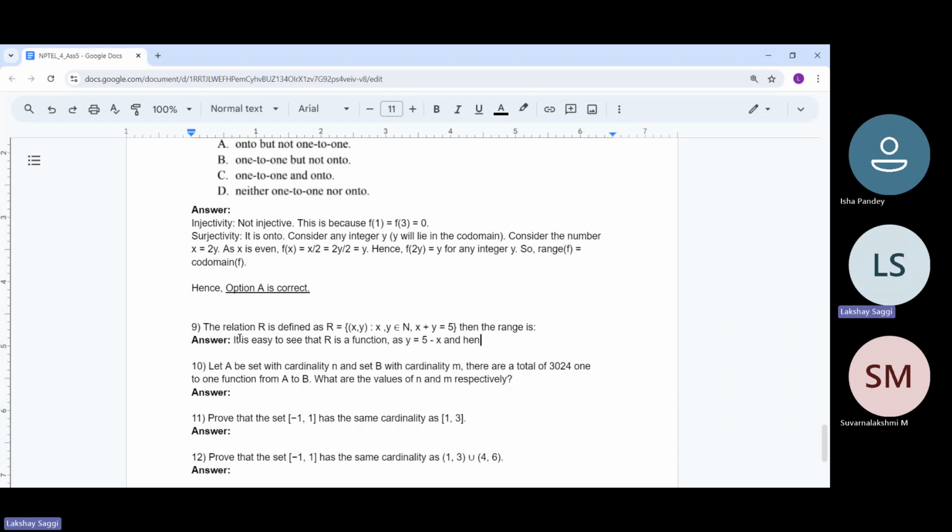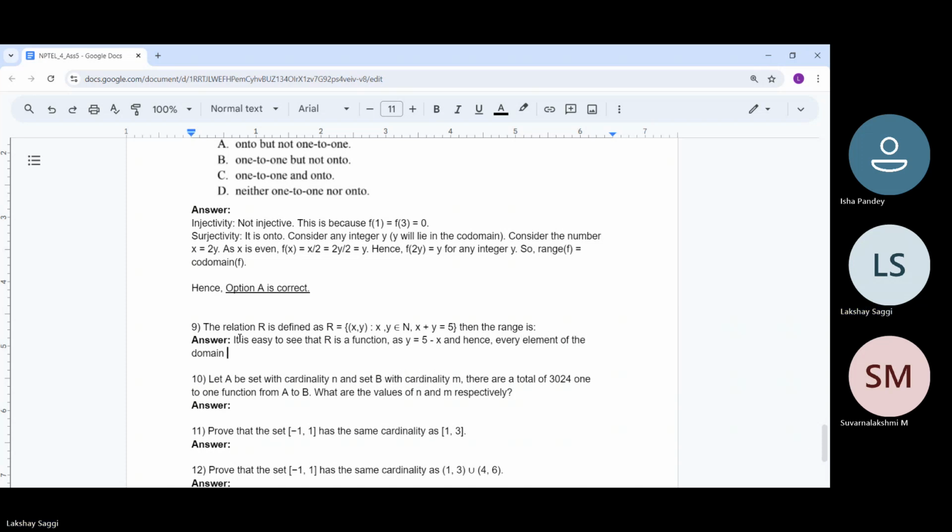and hence every element of the domain has exactly one image in the codomain.